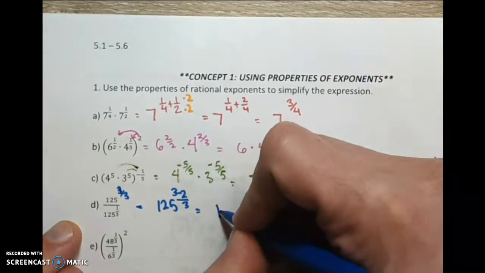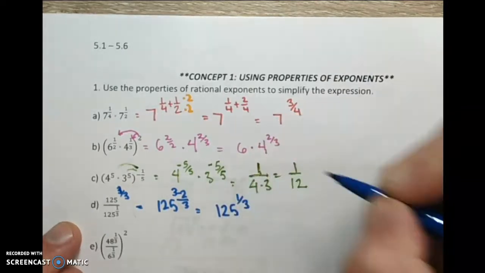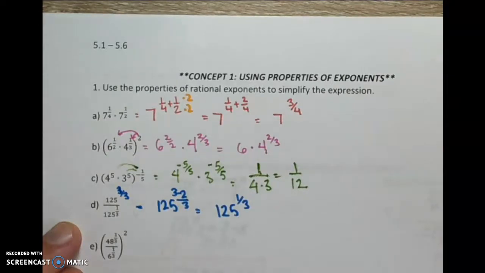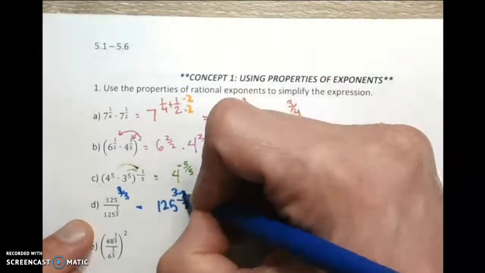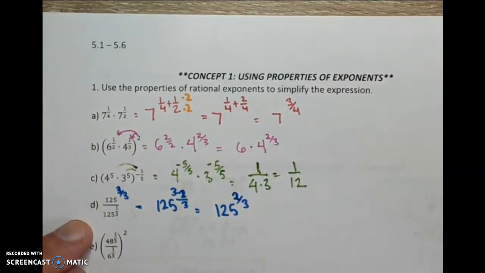And now I get 125 to the 1/3 power. I'm sorry, that should be 1, so it should be 2/3 power. Hard to see. Getting old.